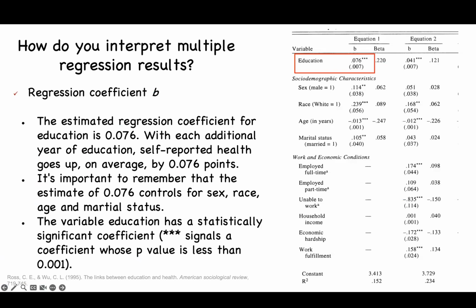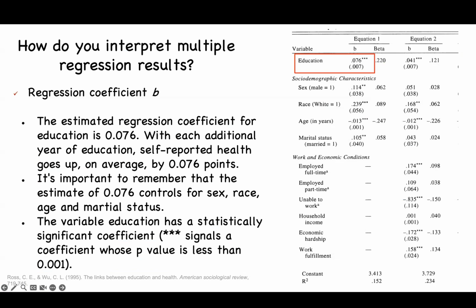Okay, let's look at it. The estimated regression coefficient for education is 0.076. So the interpretation is, with each additional year of education, self-reported health goes up on average by 0.076 points.